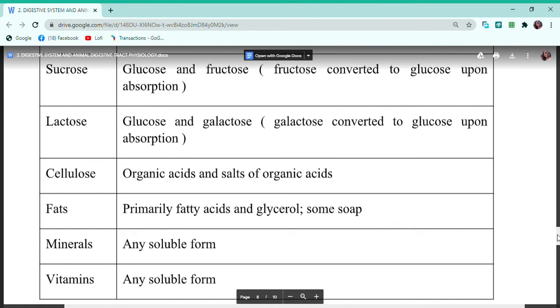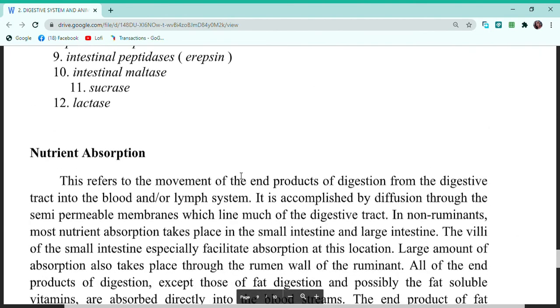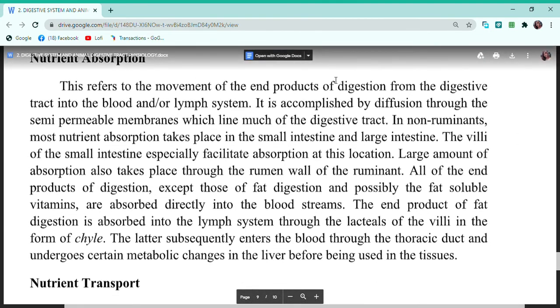Okay, now, let's go now to, we'll try to finish this. We'll now go to nutrient absorption. So nutrient absorption. When we say nutrient absorption, this refers to the movement of the end product of digestion from the digestive tract into the blood and into the lymph system.